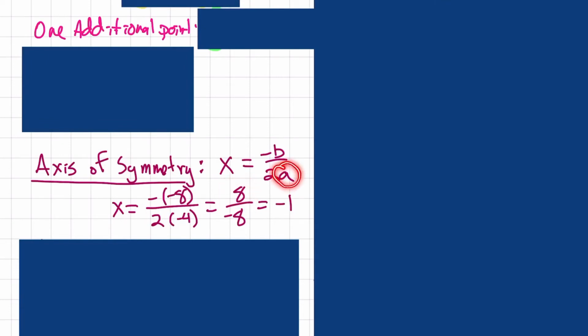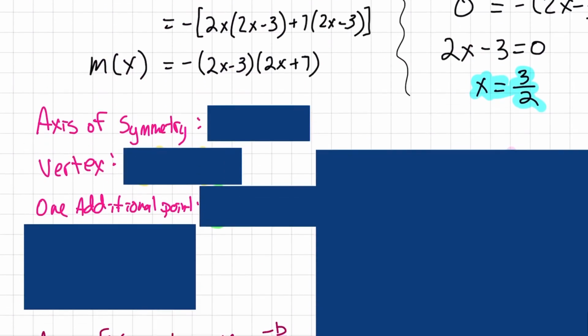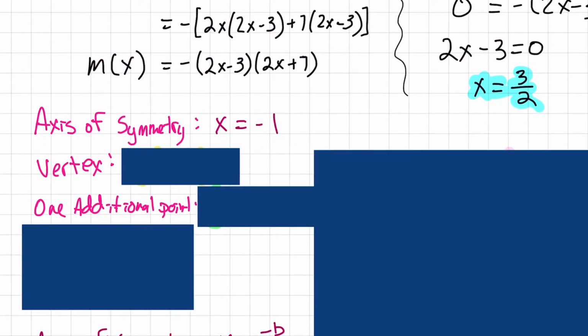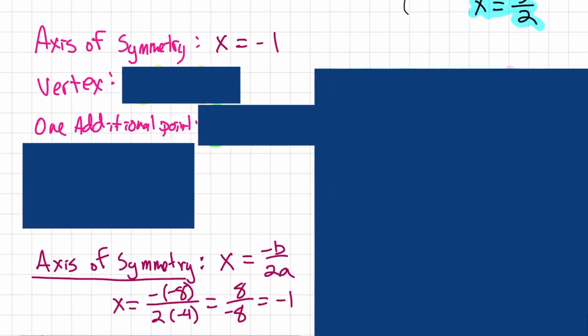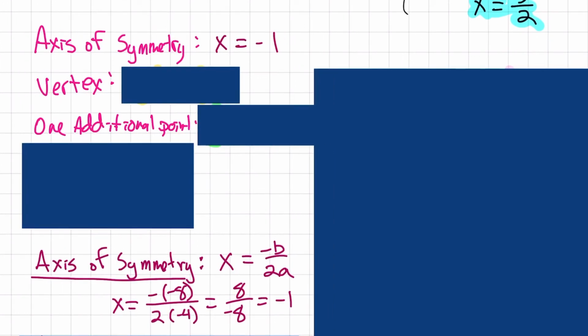And then plug in a, which is -4. So this is 2 times -4, which is -8. 8 over -8 is a -1. So I have an axis of symmetry of x equals -1.